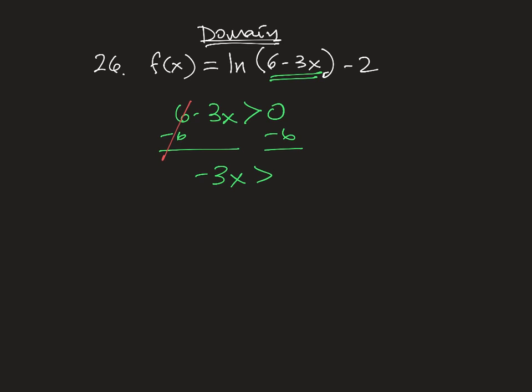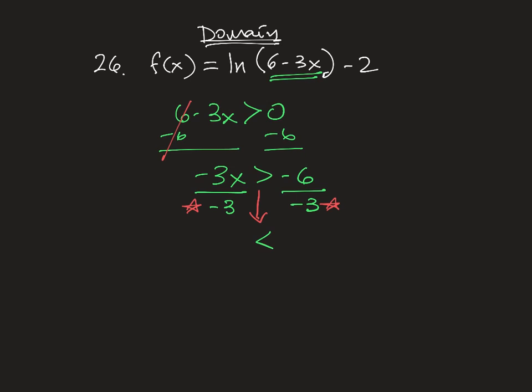Oh, let's make that a negative 6. There we go. Negative 6. But then, to isolate the x, I'm going to need to divide both sides by negative 3. And when I'm solving an inequality and I multiply or divide by a negative number, that means I've got to reverse my inequality symbol around.